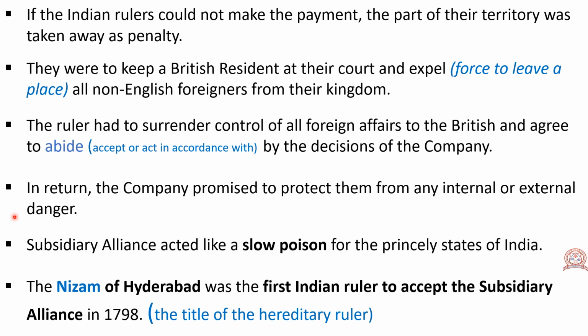Once again, what is the subsidiary alliance policy? Under the subsidiary alliance policy, which was implemented by Lord Wellesley, the Indian ruler who accepted the subsidiary alliance policy with the British had to disband their army, maintain a British force and the British resident, surrender his control over foreign policies to the British, and expel all non-British foreigners.